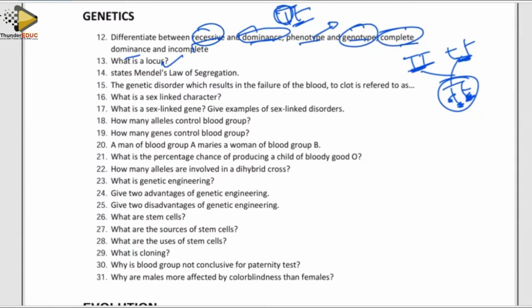So that's why you do it like this, capital T, small t, and then you separate them. Then this becomes a gamete. That's what we have been doing. They're saying that a disorder which results in the failure of the blood to clot is referred to as hemophilia.